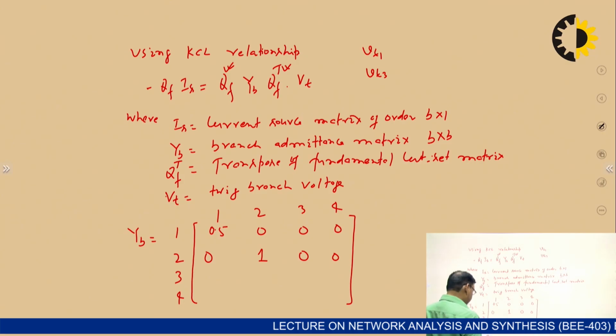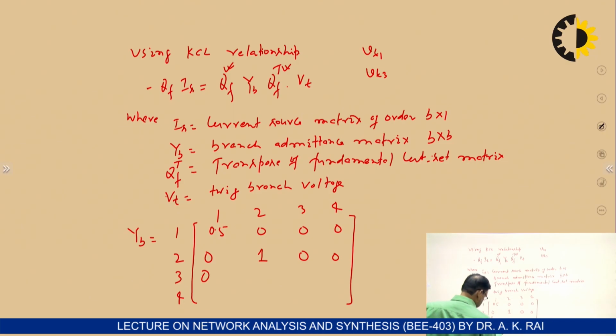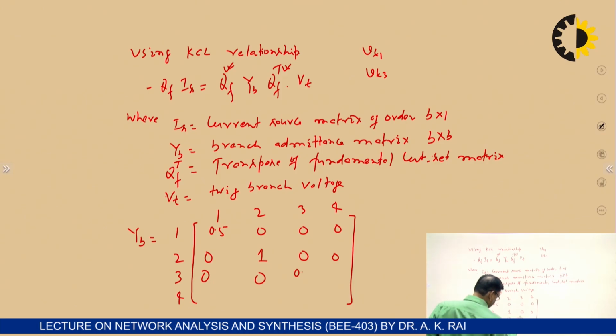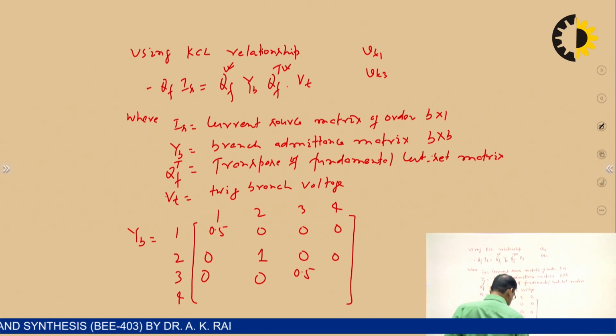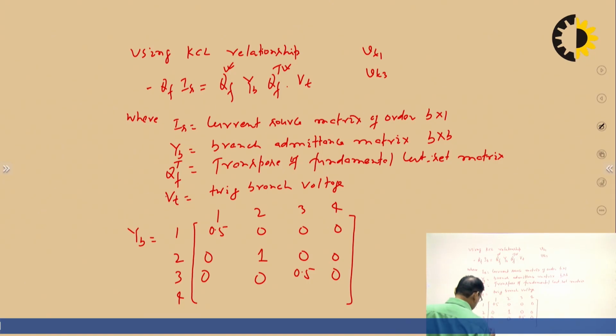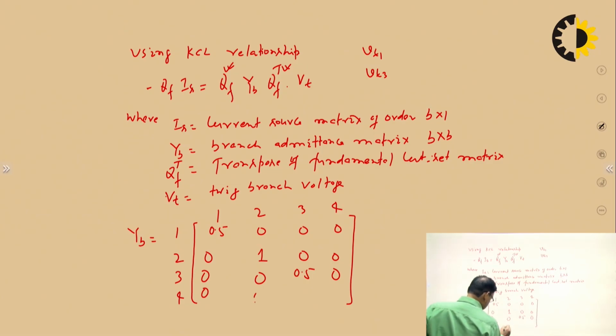Branch number 3, it is 2, so the admittance is 0.5 mho. Admittance will be the inverse of the resistance. Now come to branch number 4, and the impedance given is 1 ohm. So the admittance will be the reciprocal of the impedance, so it is 1. So this is your YB.